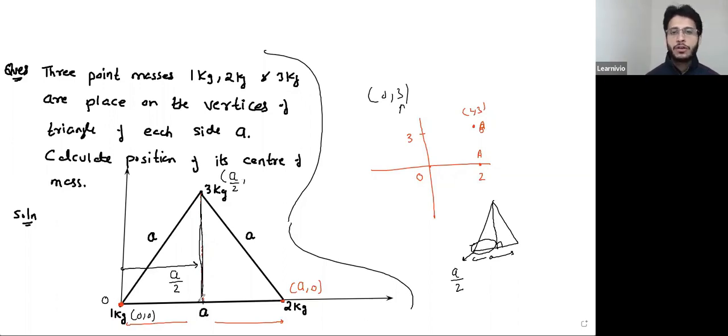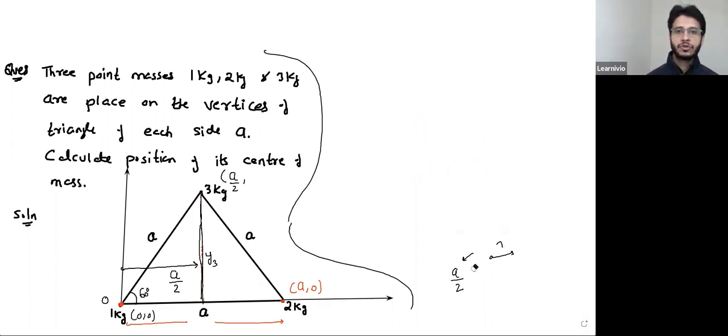How much is this y coordinate? Fazil, can you tell me how much this y3 is in terms of a? We can apply trigonometric functions. Let's say this angle is 60 degrees. So we can calculate tan 60.